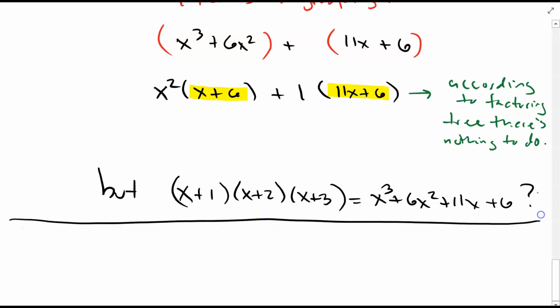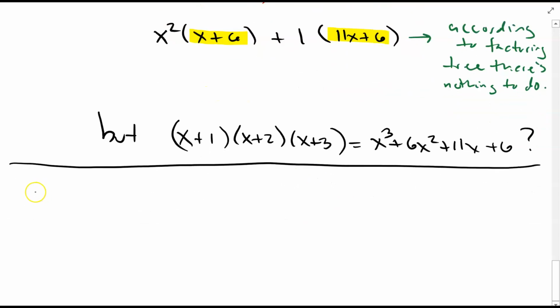So we're going to need some new tools to do this. The first tool is called the factor remainder theorem.